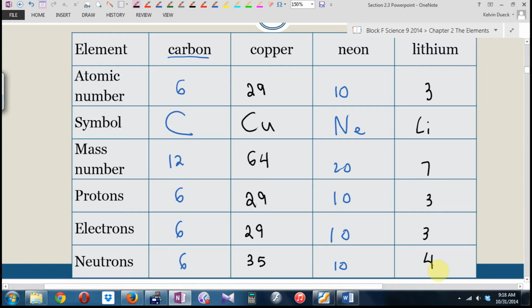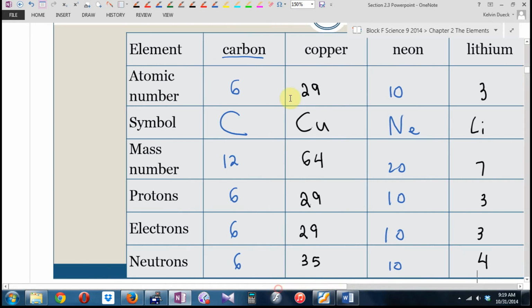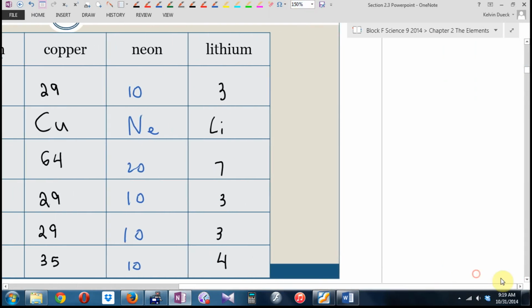Take about 20 more seconds to try and fill in that column, and then I'll unfreeze the screen. Let's see if we end up with the same thing. Finished?